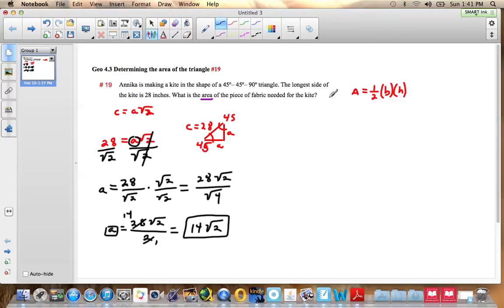So now, since A is equal to 14 times the square root of 2, I have to plug A in here and here, because A is equal to my height, and A is also equal to my base.